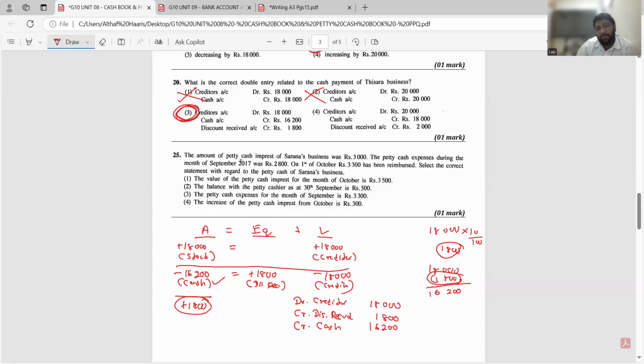On 1st October, 3,300 has been reimbursed. Select the correct statement. So Lamai, again put it to my format. Opening plus reimbursement is the imprest, minus spent is the closing.